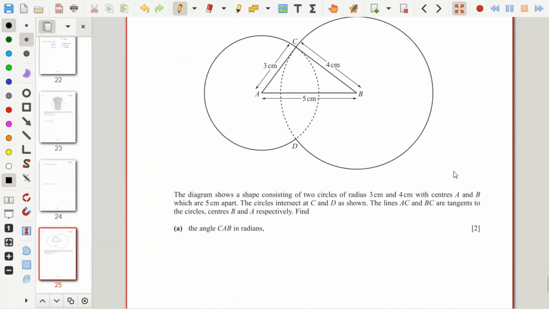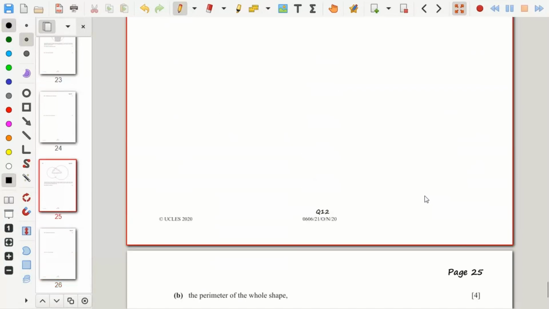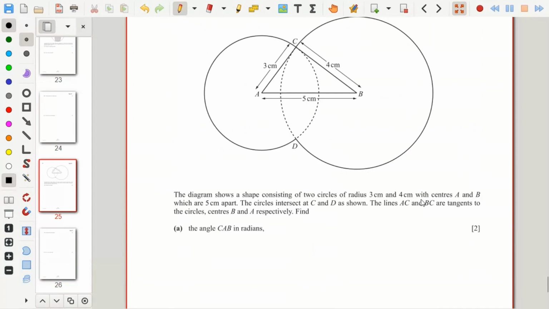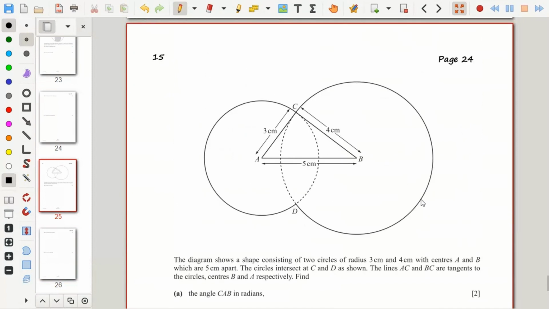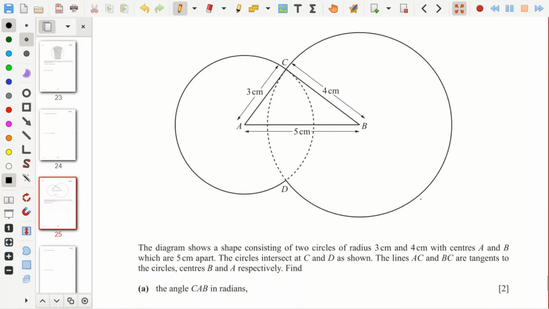So this is another question. This is 2020 winter variant 2.1. Okay, so we have two circles. They intersect at C and D. The lines AC and BC are tangent.